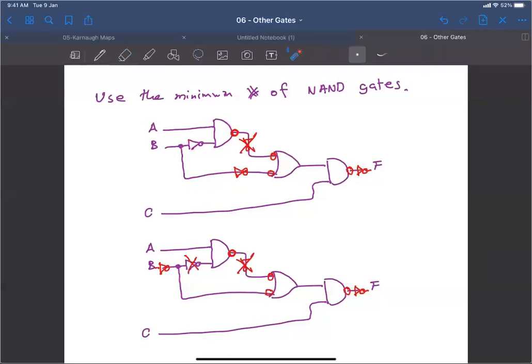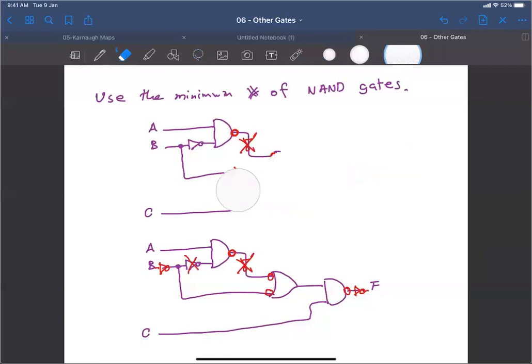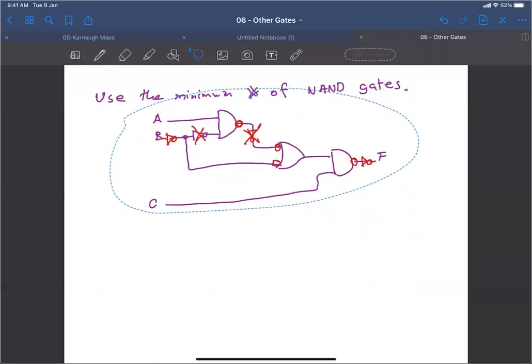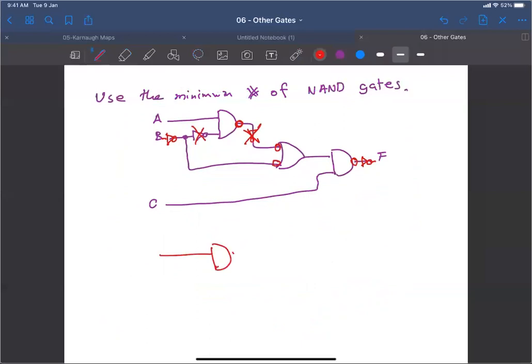Okay, so let me erase the suboptimal one, and move this up so that I have some space to draw the final circuit. So my final circuit is this one here. This OR gate is converted to NAND.